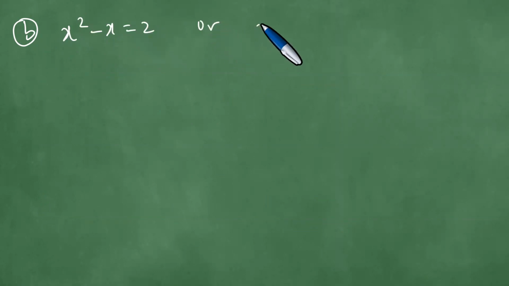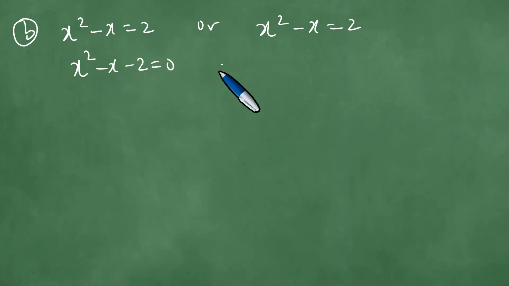So we are continuing with part B, and we can see that x squared minus x equals 2. And this means x squared minus x minus 2 is 0. We multiply x squared by minus 2, we get minus 2x squared.